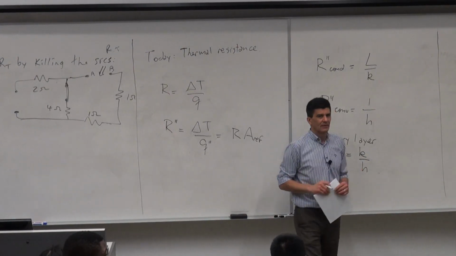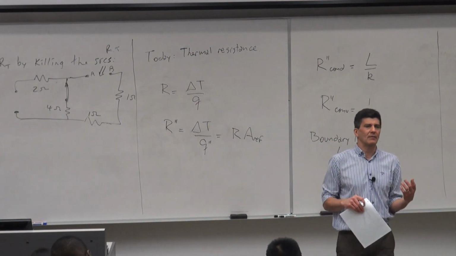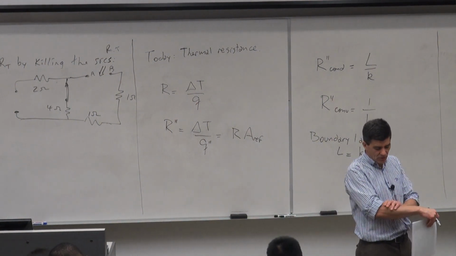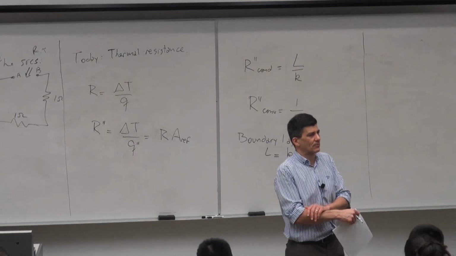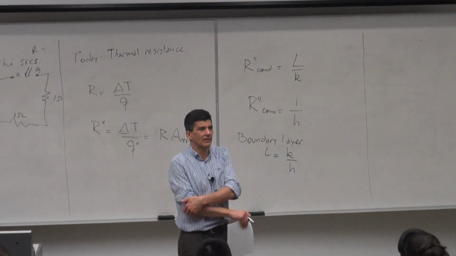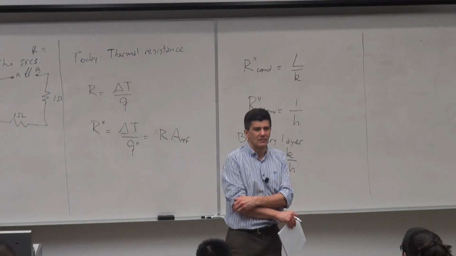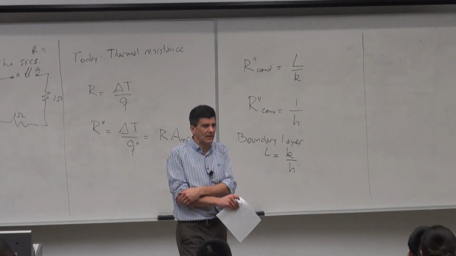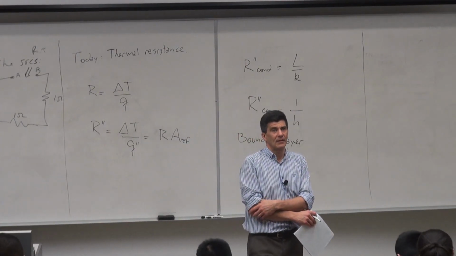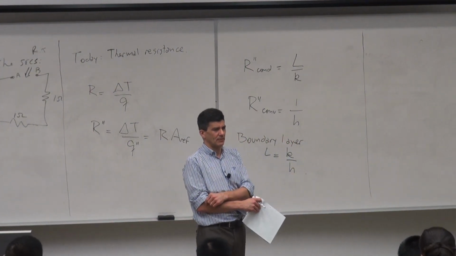Yes. And I gave you some ballpark values, right? And we came up with some estimate of the thickness of the boundary layer, right? Does anybody remember the thickness of the boundary layer in natural convection? 3 millimeters, give or take, in air, right? And if it is forced convection in air, it is 0.3 millimeters, right?